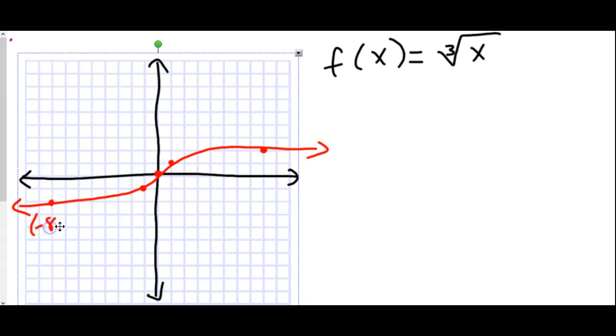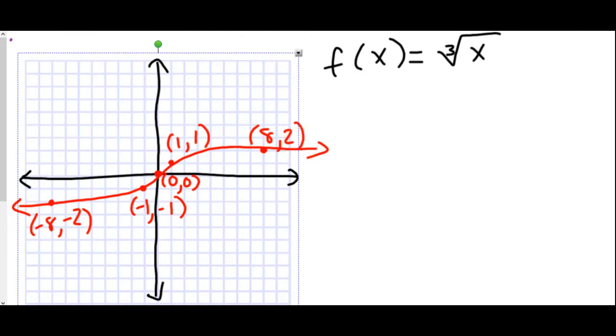And let me label those points for you. These are our key points that will help us draw the picture from our parent graph. Now it follows all of the same rules that we did with our square root functions. The only difference is we're starting from a different parent graph.